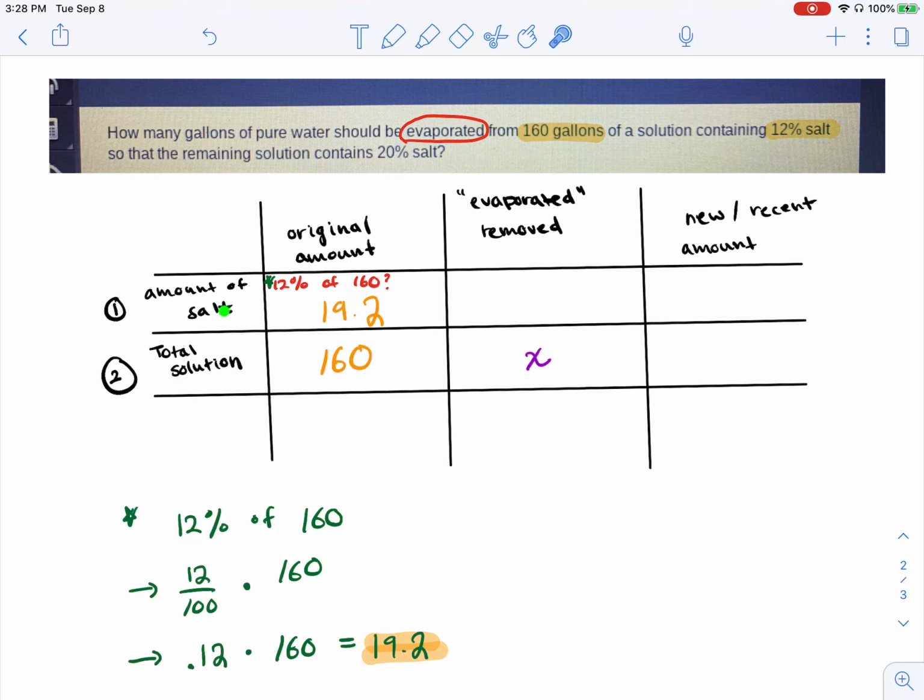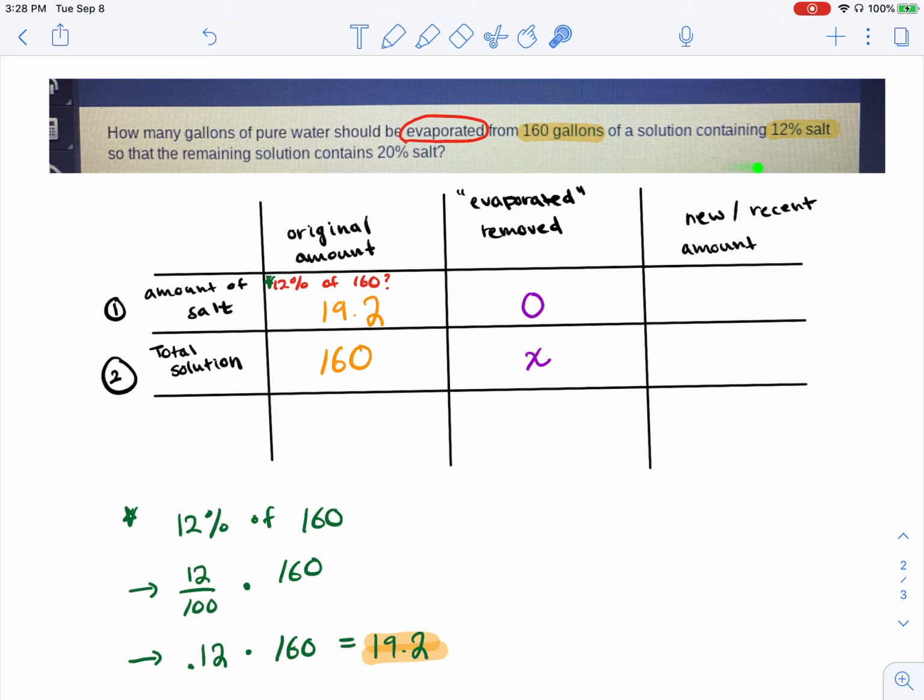In terms of the amount of salt, only water is being evaporated and not the salt. So for salt, it's 0. Salt is not evaporating here. We're not removing any salt.